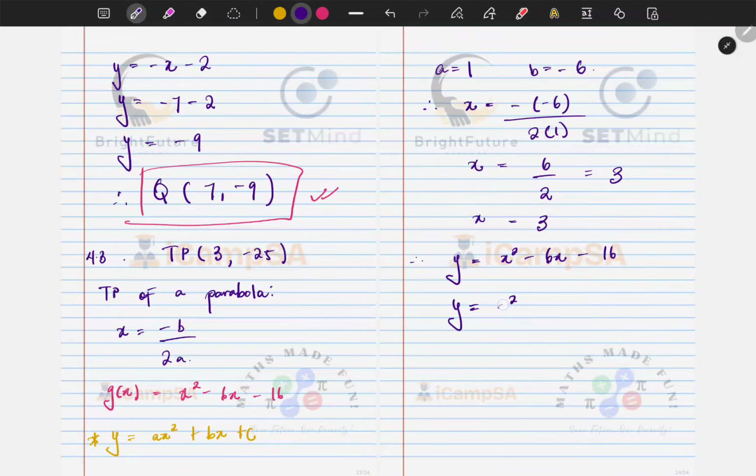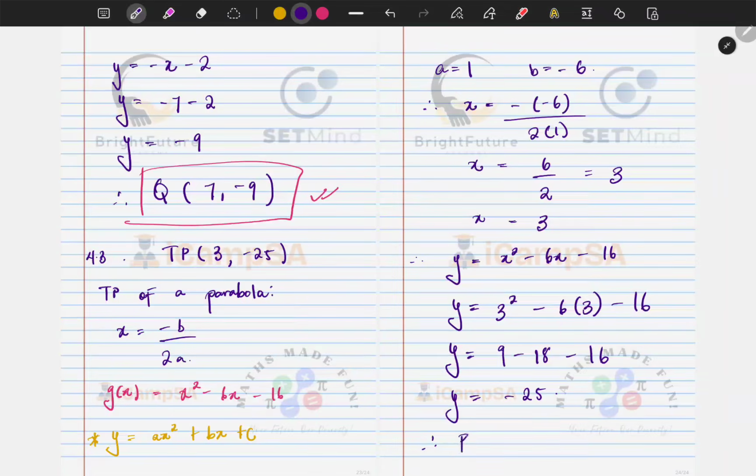So now this will be 3 squared minus 6 into 3 minus 16. So your y equals 9 minus 18 minus 16, which is negative 25.